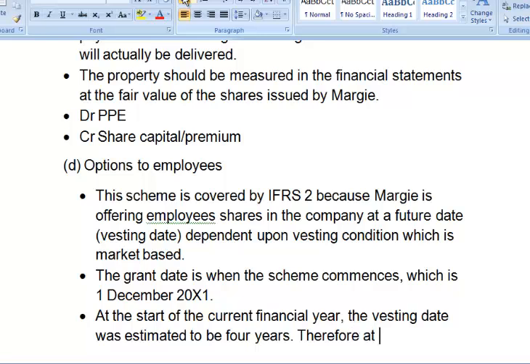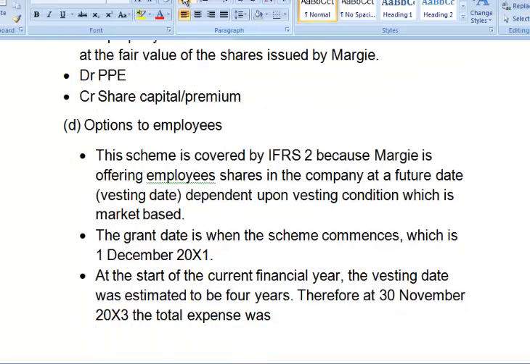Therefore, at the 30th of November 20x3, the total expense was, here we're going to employ our normal calculations, it's going to be 100 employees, they're each entitled to 100 options times 4,000 employees.